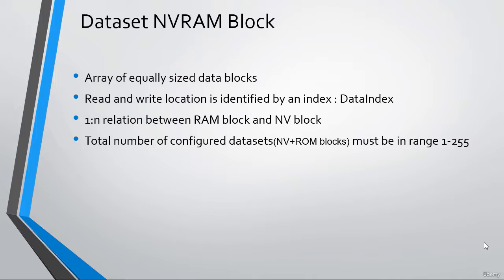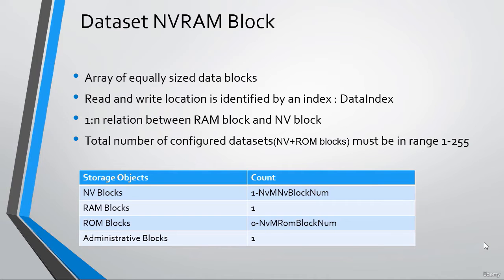Now the total number of configured datasets that includes the NV plus ROM blocks must be in range 1 to 255. So there is a limit to the maximum number of configured datasets we have, and it can range from 1 to 255.